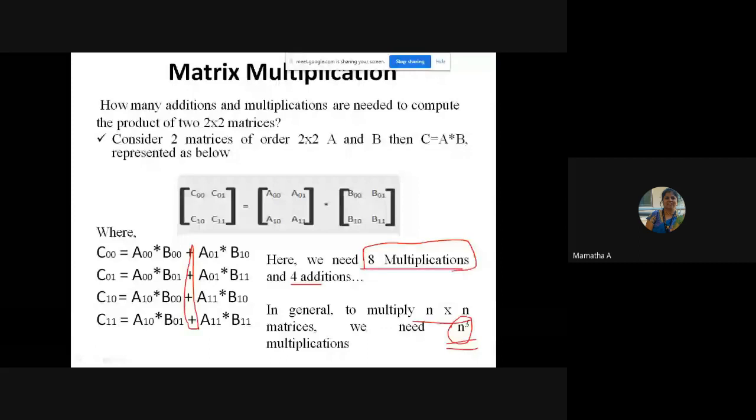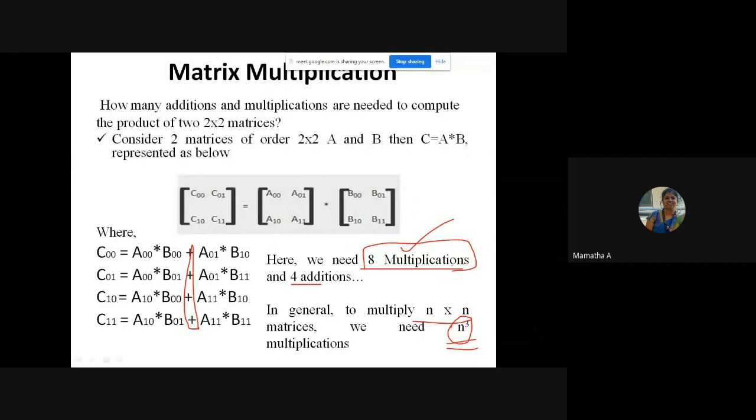If this is reduced, that becomes more efficient. So the 8 multiplications we saw have to be reduced to something like 6 or 5 or 7, whatever it is, some number lesser than 8.